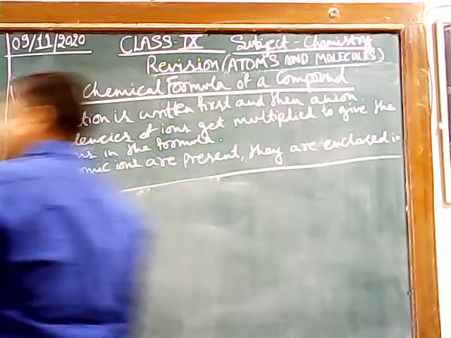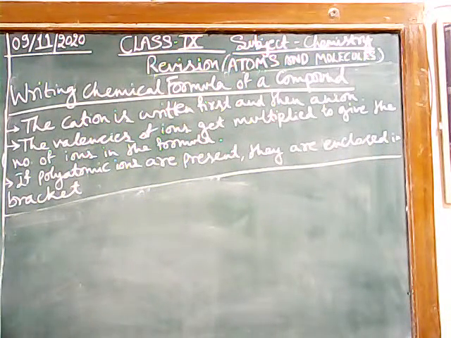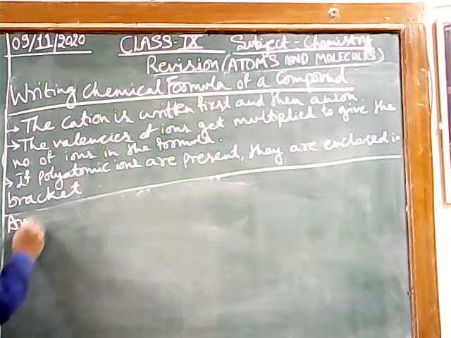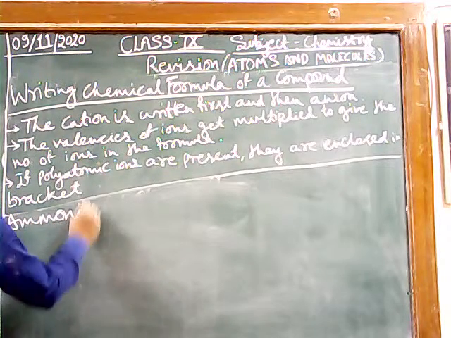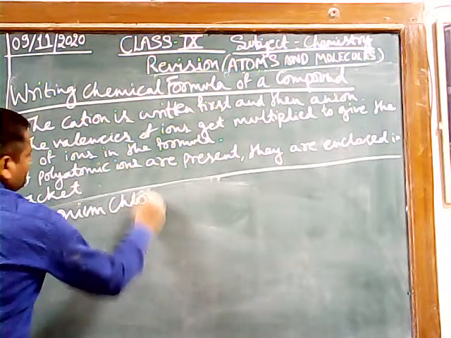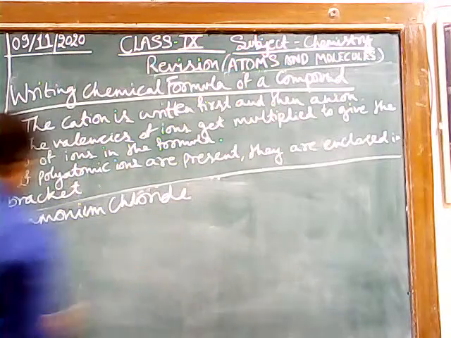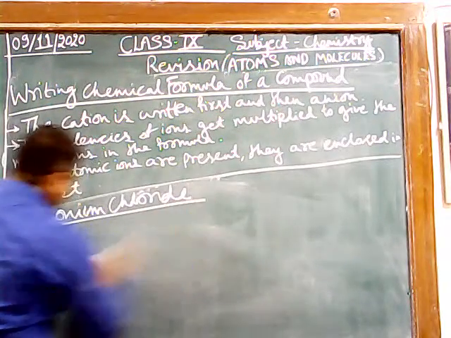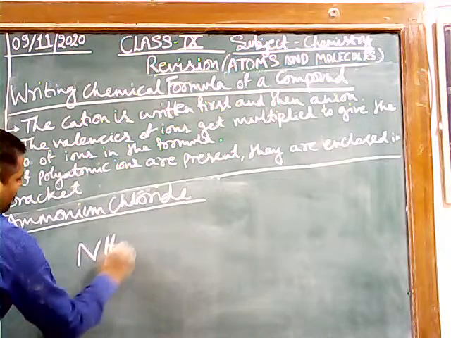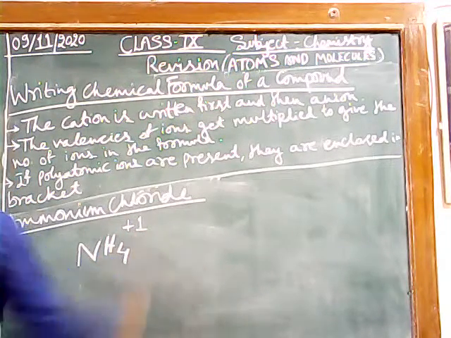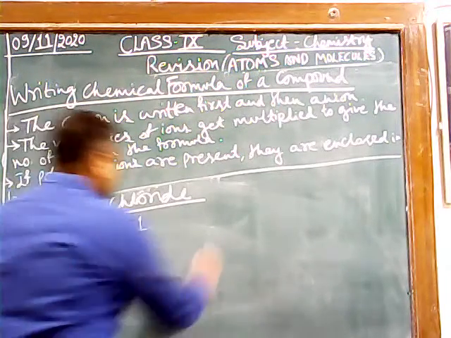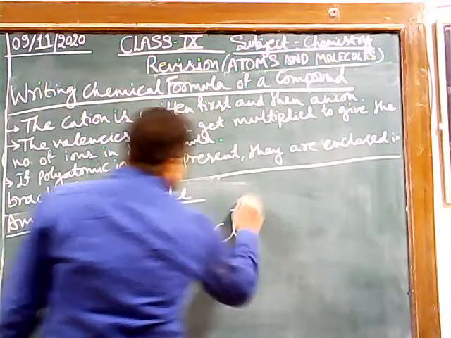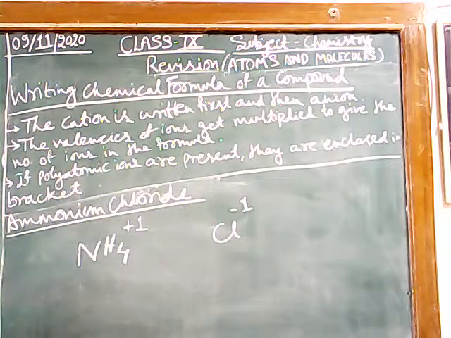Ammonium chloride. See, what are the ions found in ammonium chloride? Ammonium cation, NH4 +1, and chloride, Cl -1. How will they form the formula for ammonium chloride?